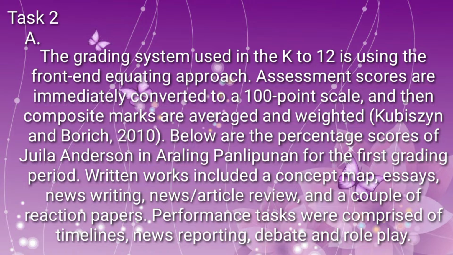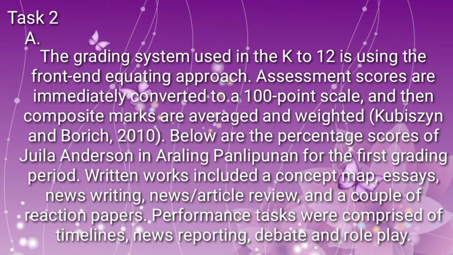Task 2A. The grading system used in K-12 uses the front-end equating approach. Assessment scores are immediately converted to a 100-point scale, and then composite marks are averaged and weighted. Below are the percentage scores of Julia Anderson in Araling Panlipunan for the first grading period.